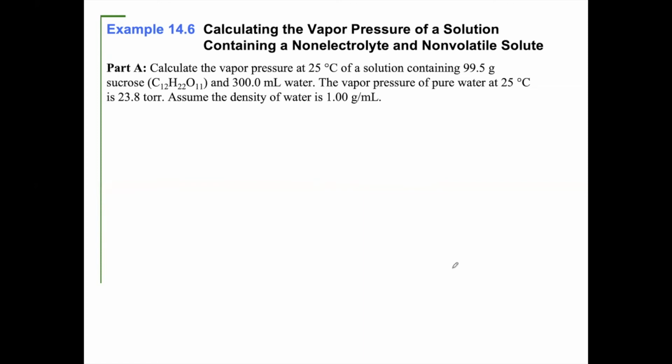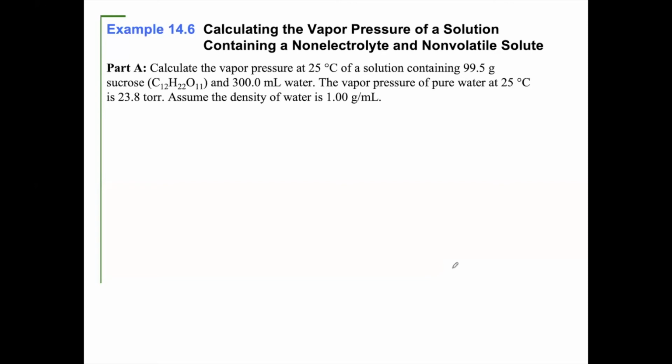And this question, let's first read it. Calculate the vapor pressure at 25 degrees Celsius of a solution containing 99.5 grams of sucrose and 300 milliliters of water. And then you're given the vapor pressure of pure water at 25 degrees Celsius, which is 23.8 torr, and then the density of water.